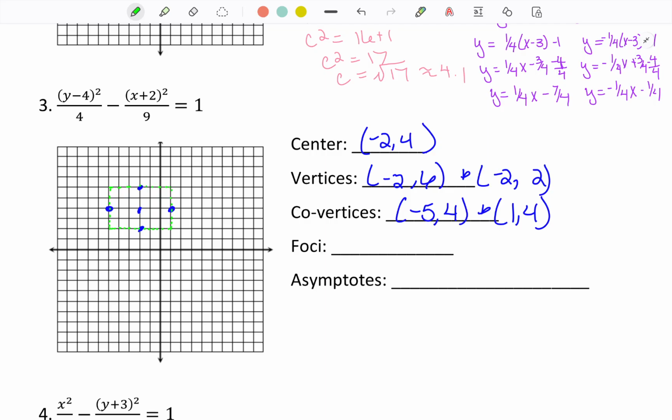So we get, see, our foci, and that is c squared equals 4 plus 9. So c squared equals 13. C equals the square root of 13. And that is approximately 3.6.